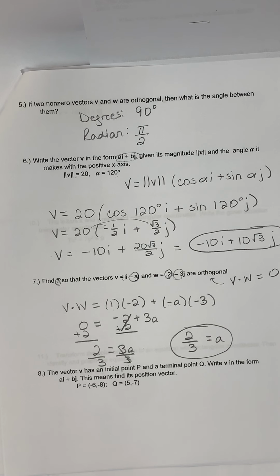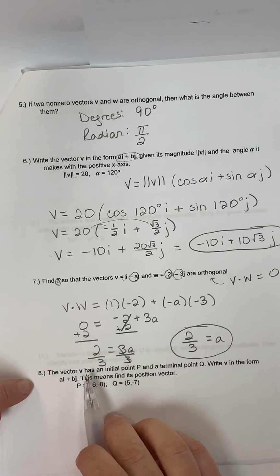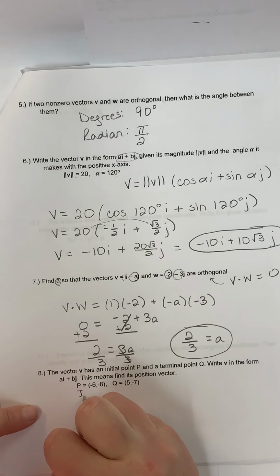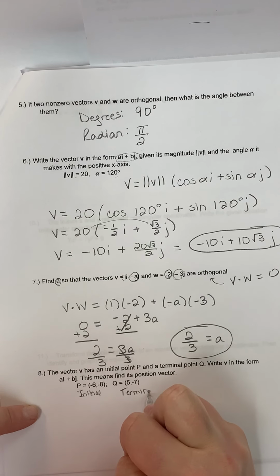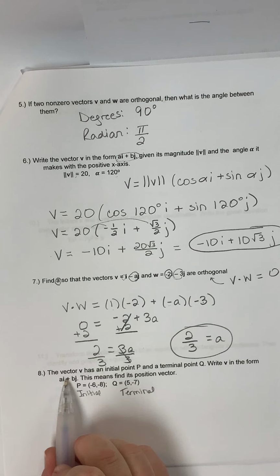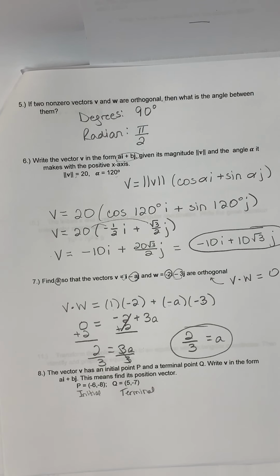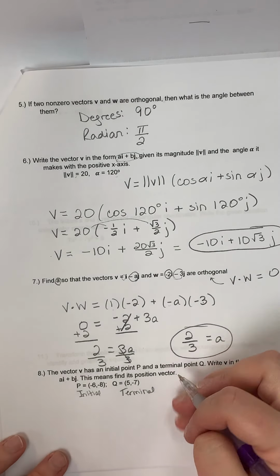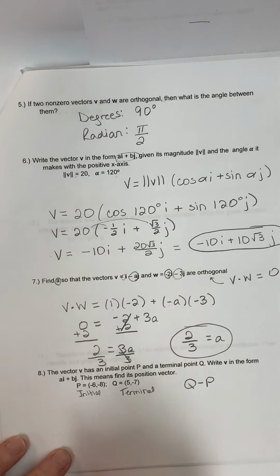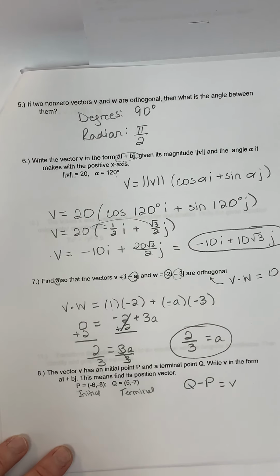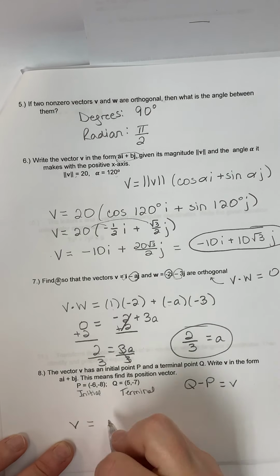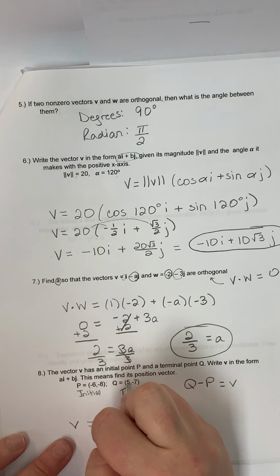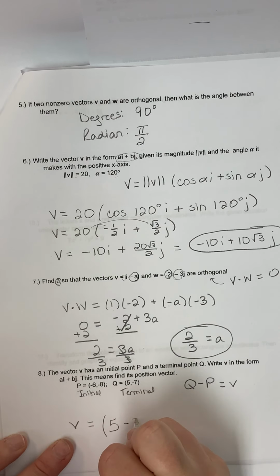Okay. All right. Number 8. We have a vector v. It has an initial point of P and a terminal point of Q. I want you to write it in this form and find its position vector. Well, the position vector is just Q minus P. That's it. So if I'm trying to find vector v, I'm going to have 5 minus negative 6.